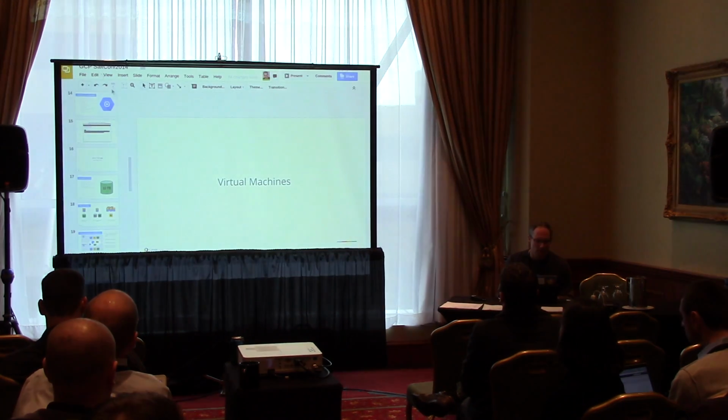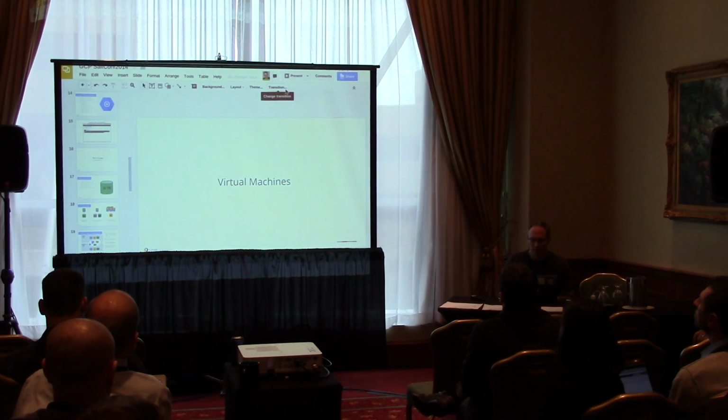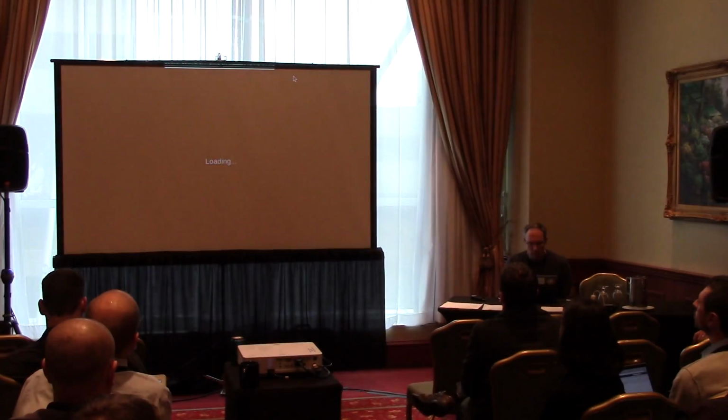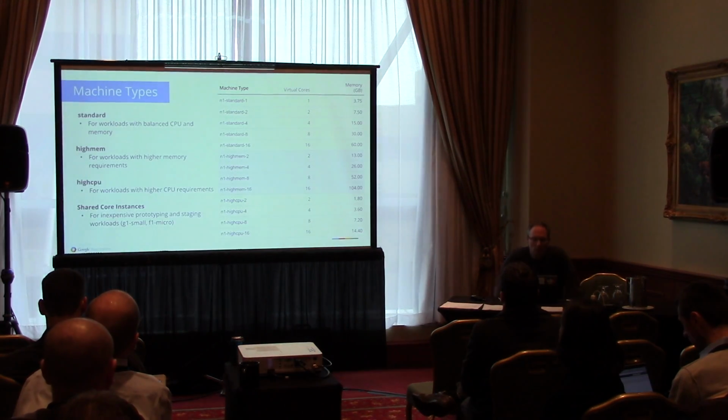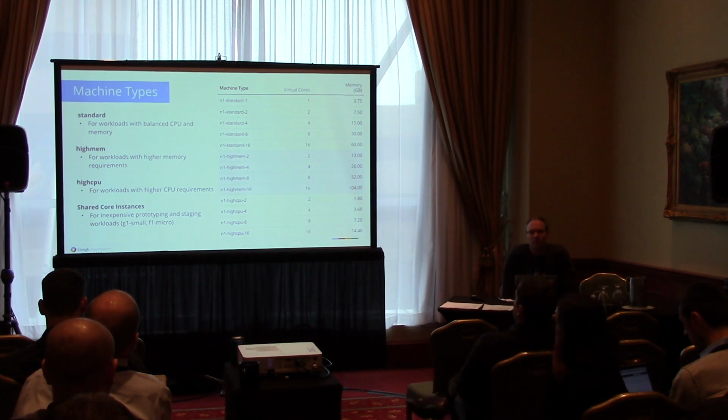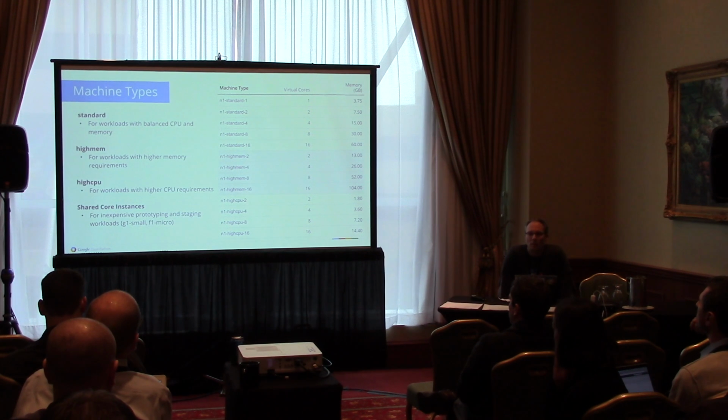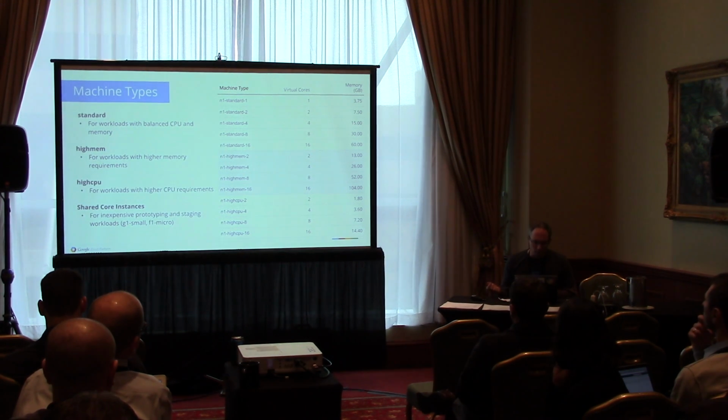So while that's cooking, let's go back here. Machine types. These are the different sizes of machines that you can get, and based on your workloads, you might want to look at what options are available. It's basically a CPU to memory ratio. Our standard one is an equal mix, and you can go all the way up to 16 cores and 60 gigs of RAM.